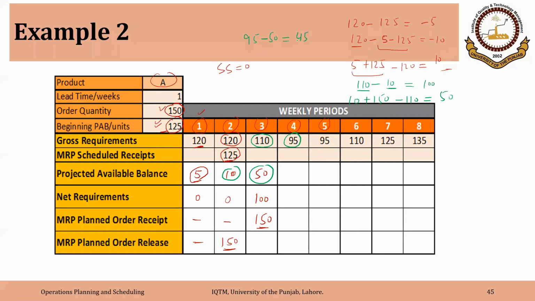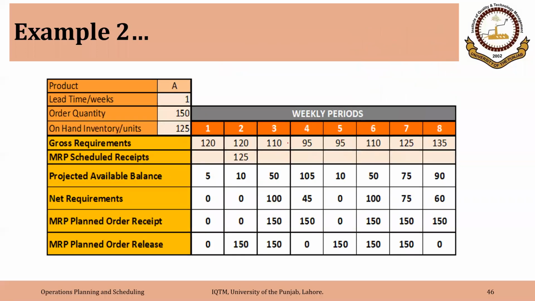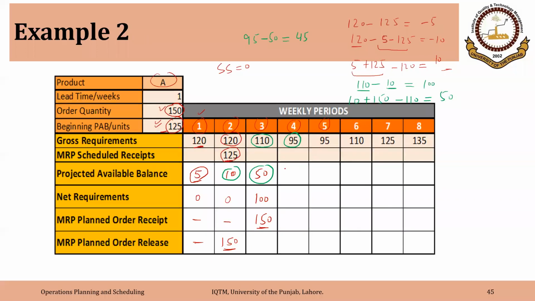So we do need some plan order receipts here. So the net requirements are 45. So the lot size policy is 150.